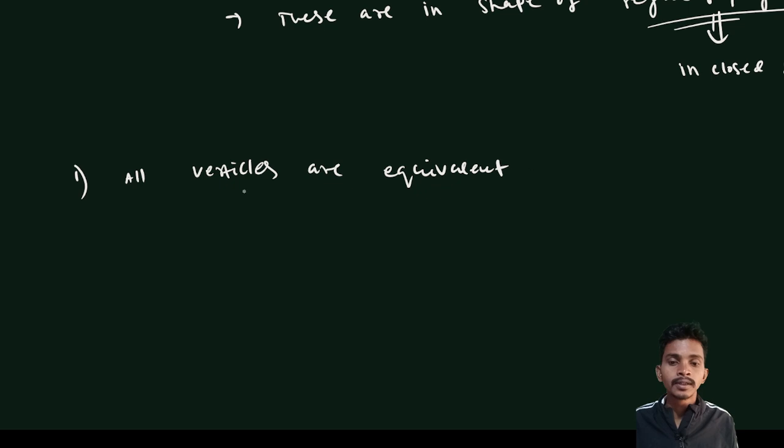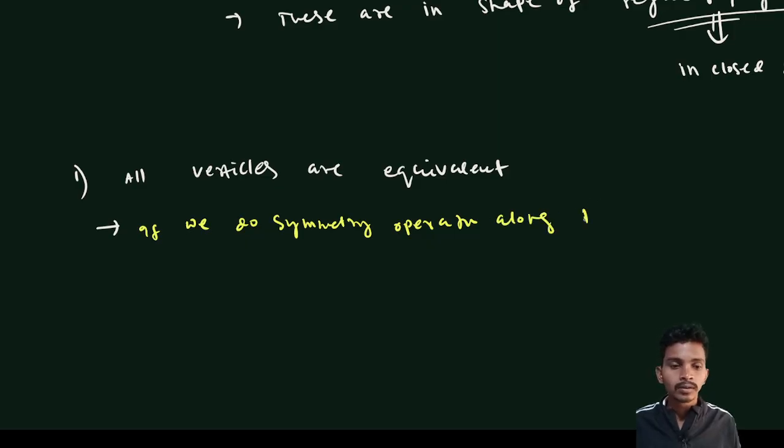It means if you do symmetry operations along the vertices, you get equivalent orientations.